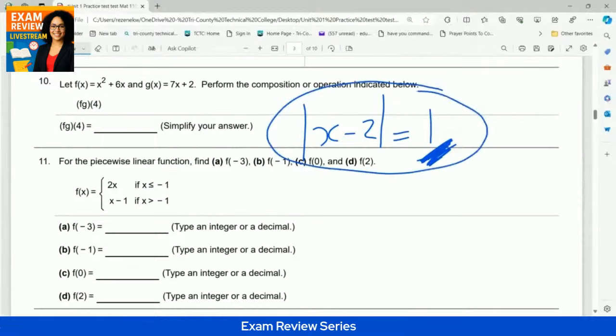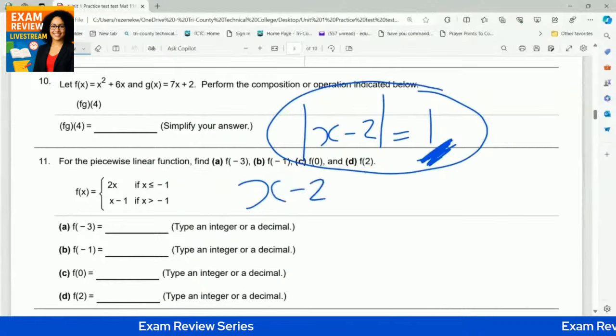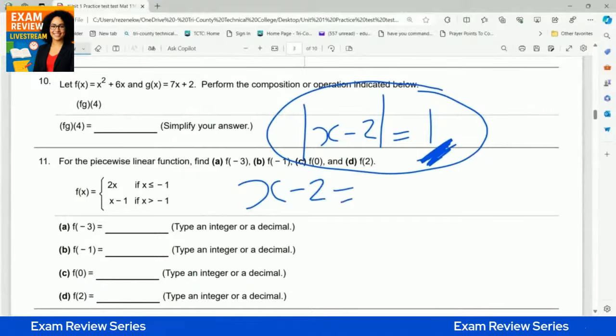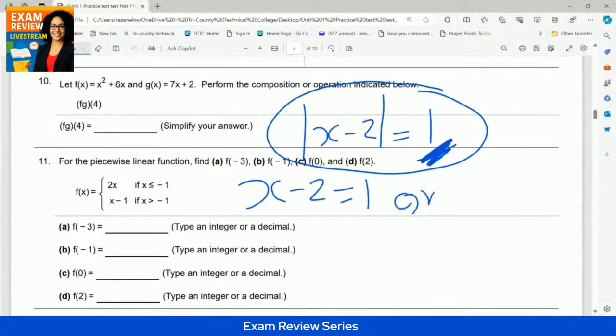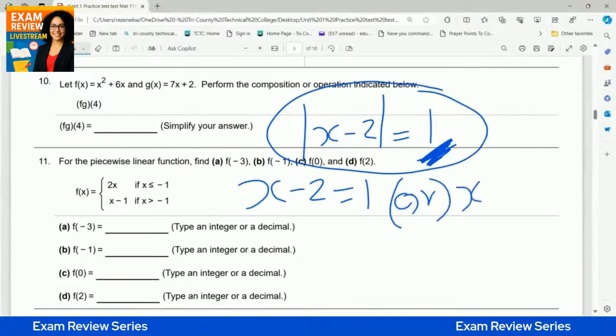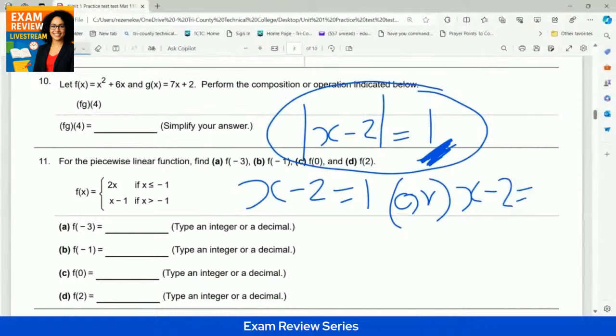So there are two things you're going to do if the sign is an equal sign. You will do x, the quantity inside the absolute value sign, is equal to 1, or you are solving two equations, or the quantity inside the absolute value sign is equal to the negative of the number on the right-hand side.